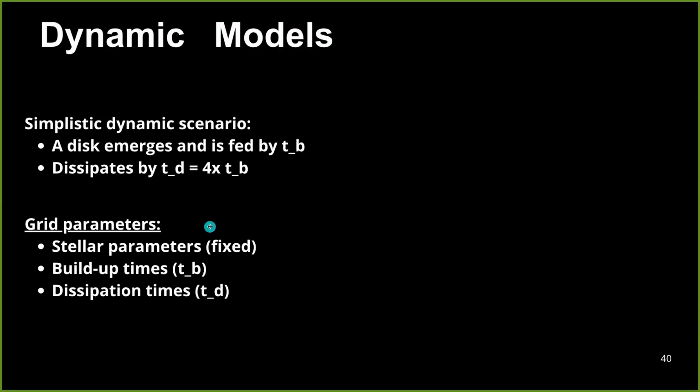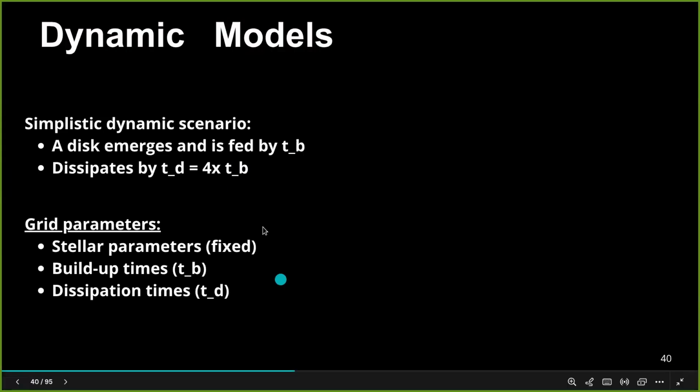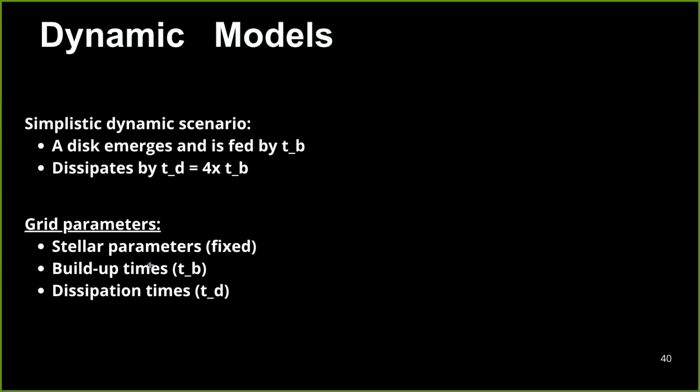In this grid we fixed the stellar parameters, and we want to understand how the build-up time and the density of those disks affect the photometric behavior of the stars.